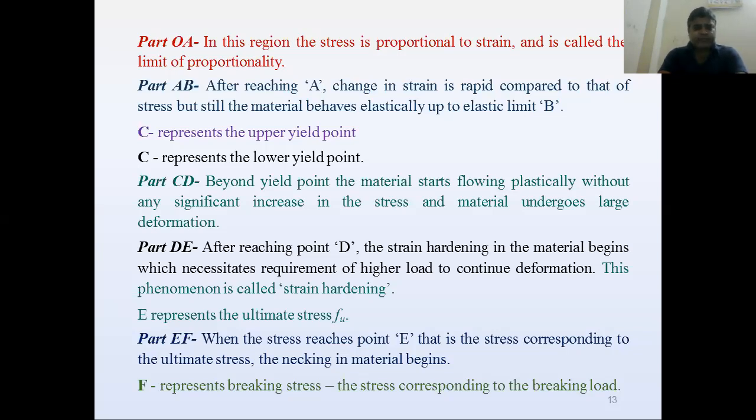Part EF: when the stress reaches point E, the ultimate stress, necking begins in the material, and F represents the breaking point, the stress corresponding to the breaking load.